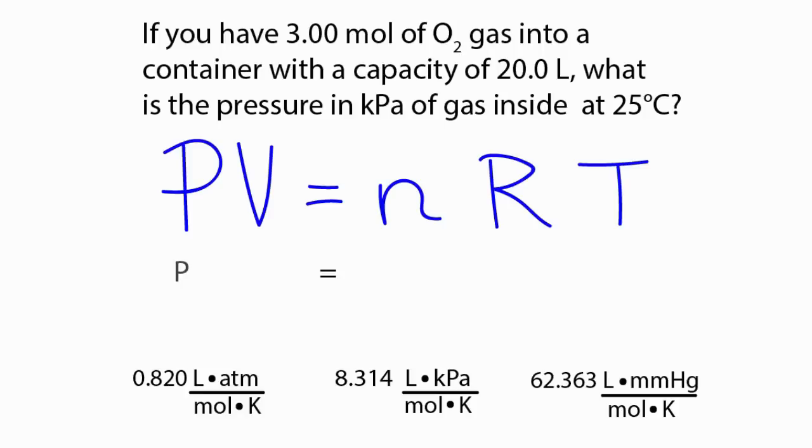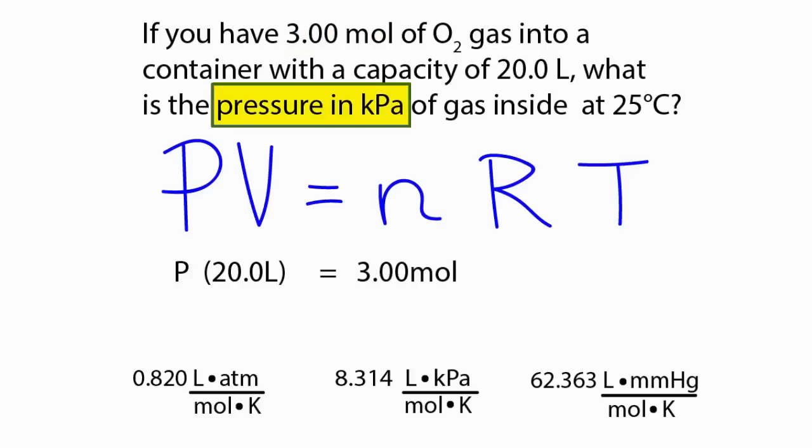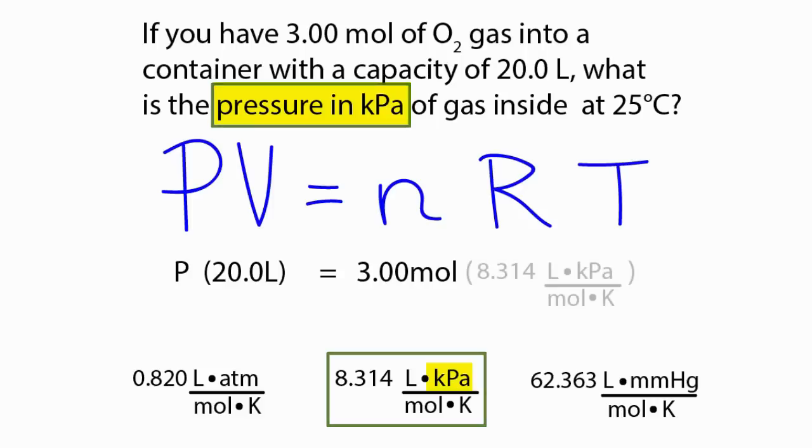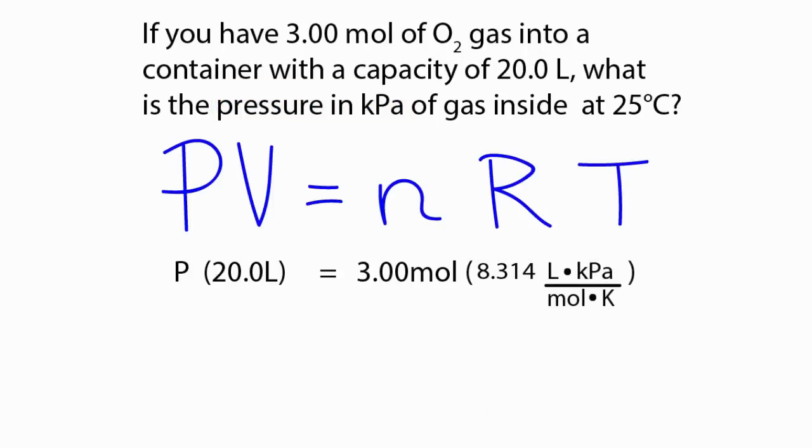So here we don't know the pressure, that's what we're trying to find, and we're trying to find it in kPa. That's important. We know the volume's 20 liters. Moles, we have 3 moles. And then for R, we'll go back to our kPa and choose an R value that has kPa in the units, and that's the 8.314 value. And then for temperature, we have a bit of a problem here.